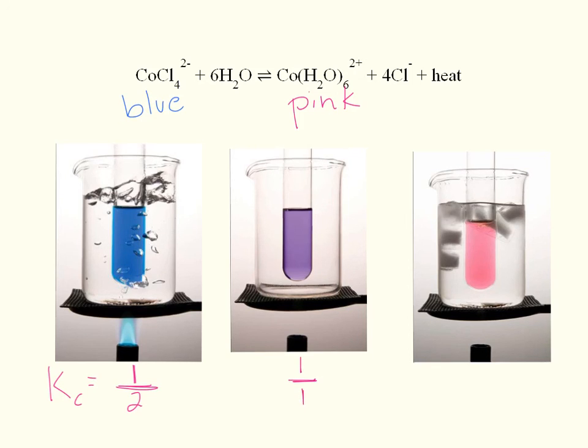And then once I go over here where I have more product, right, then I'm going to have a larger number on top. So my overall equilibrium constant changes depending on how much heat has been added or taken away from the system, right? And they certainly are not equal to one another.